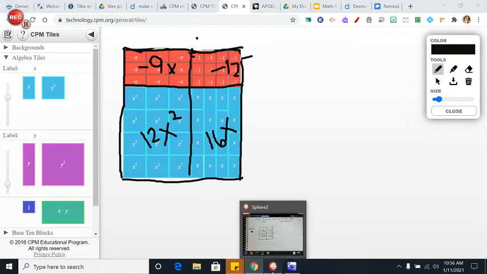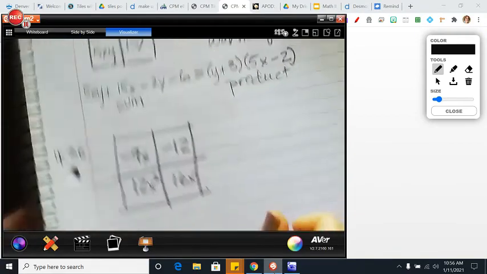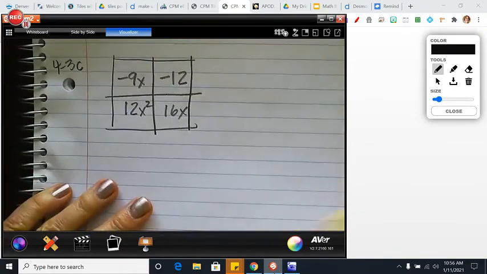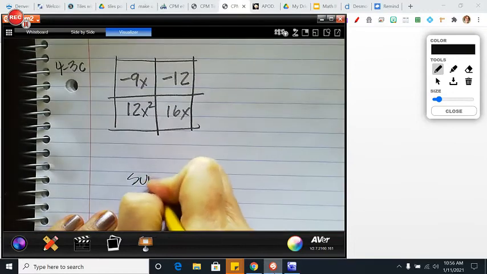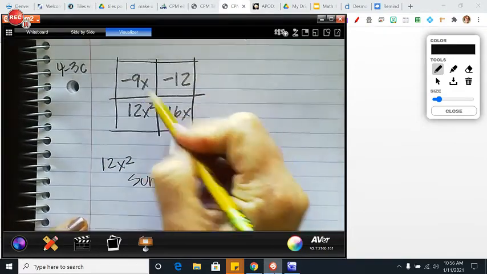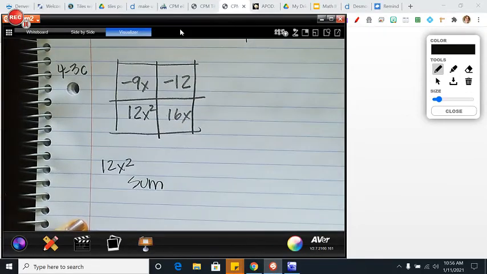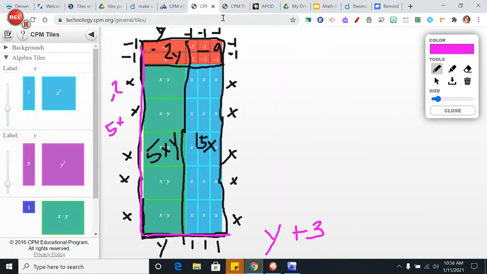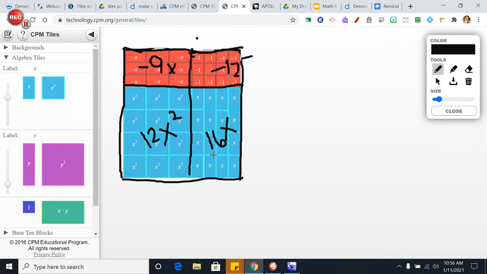So the sum is just writing out all the tiles that we have together. So that would be 12x squared. Now I could write these separately, but if I have 16 x tiles and -9 x tiles, I'm going to show you.